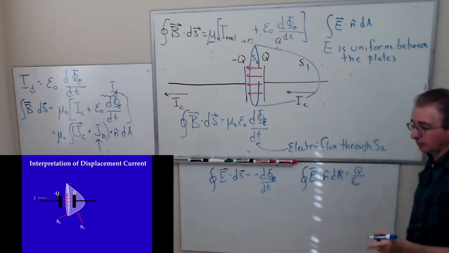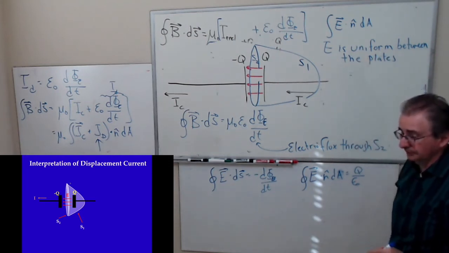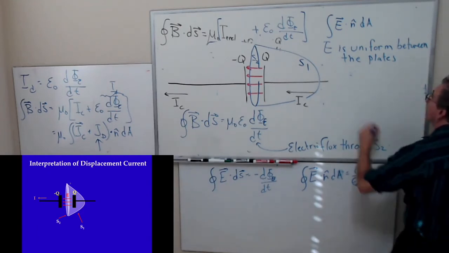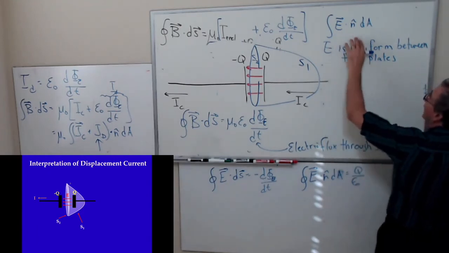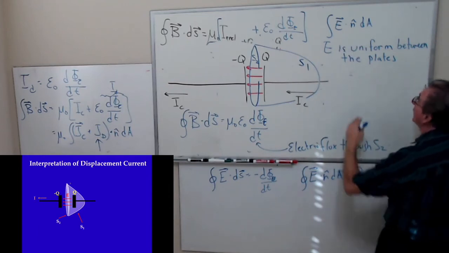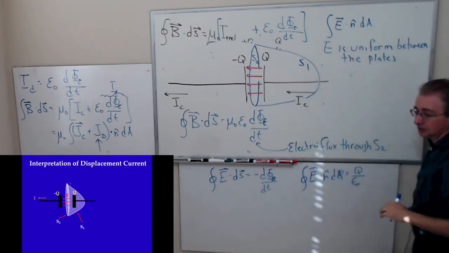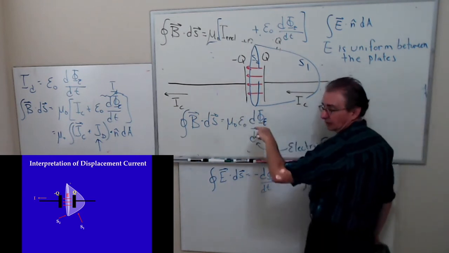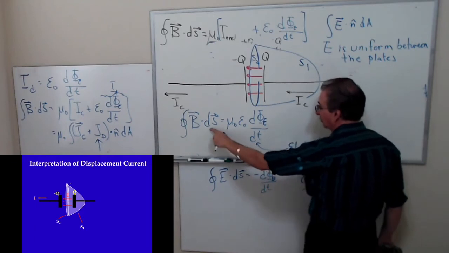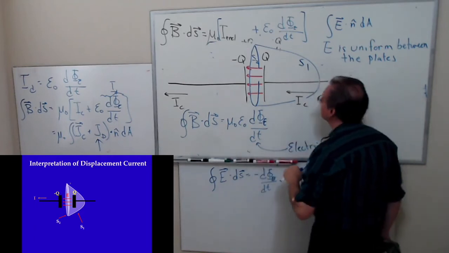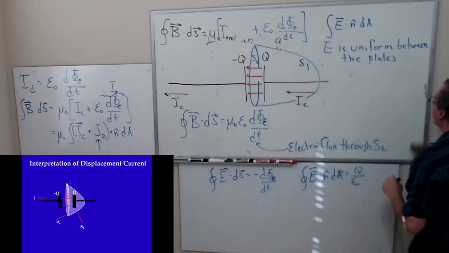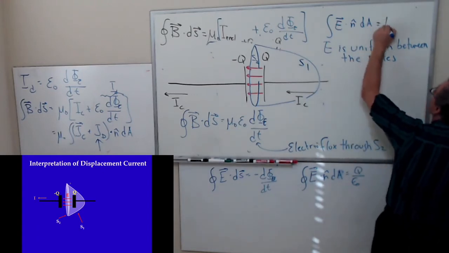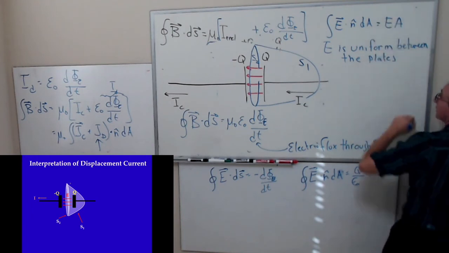E is uniform in between the plates. So that means E dot n is 1, the dot product, these two are going to be parallel to each other. I'm going to choose my normal that way, consistent with the integration direction by the right-hand rule. And so this integral is just going to be E times A.